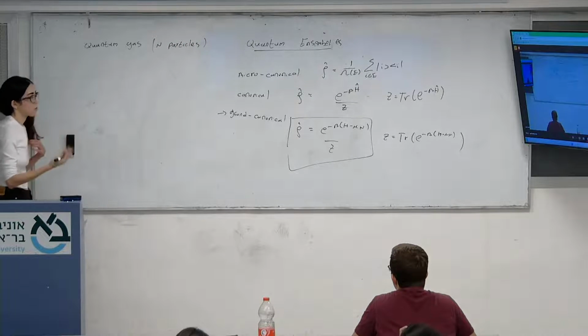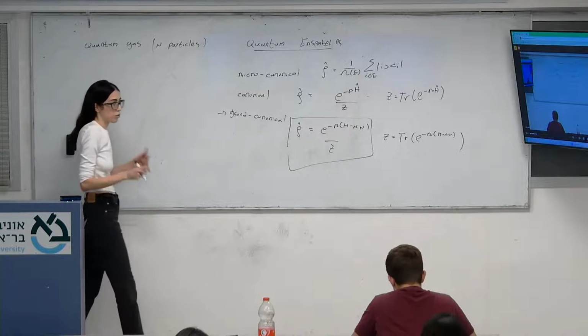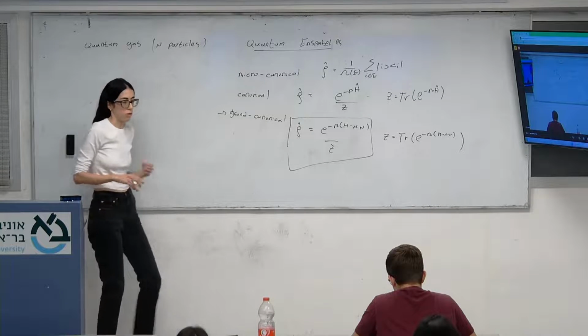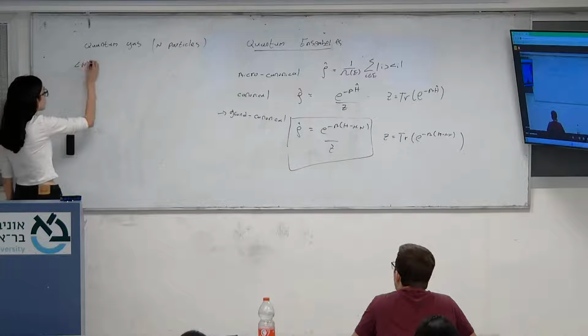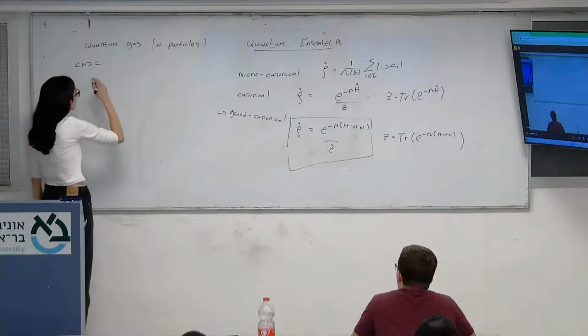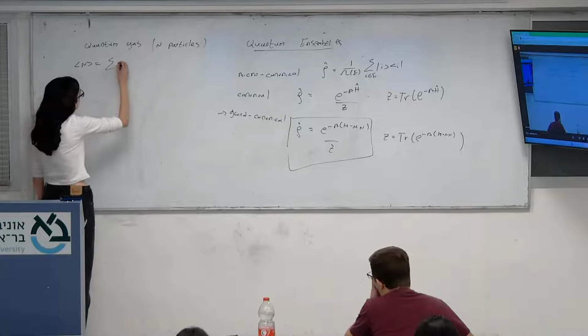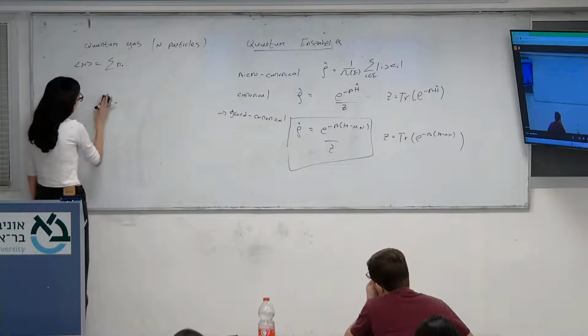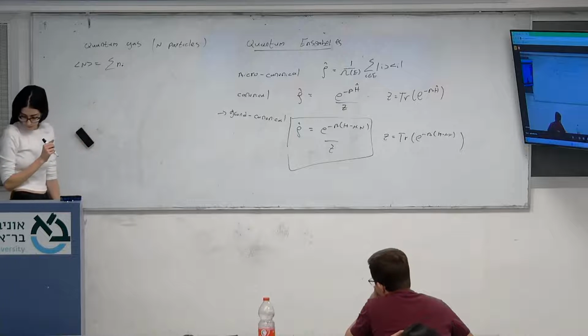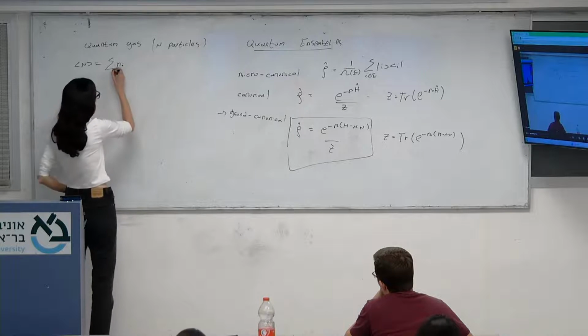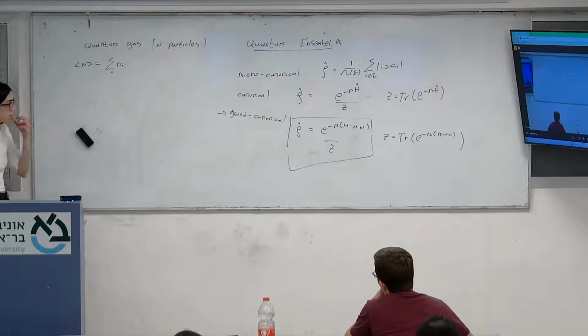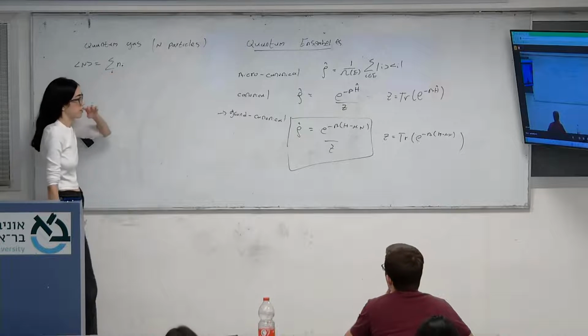Now when we talk about N particles, we say we have fluctuations in the number of particles, so N is actually the average. This is the sum over all of the occupation numbers, which I will define in a second.